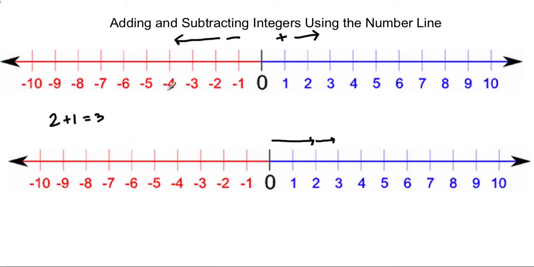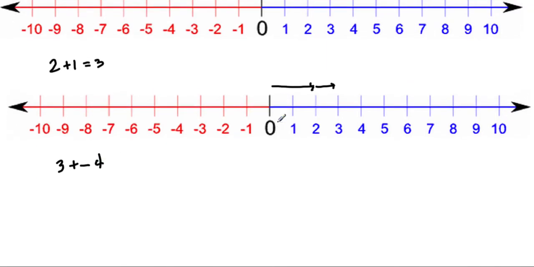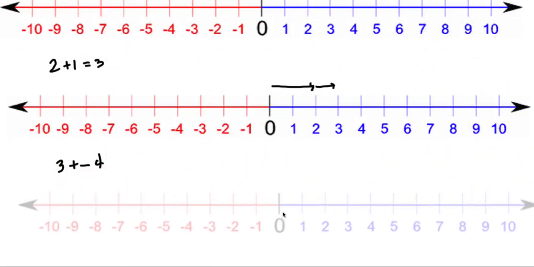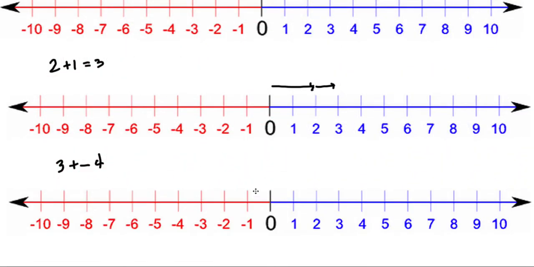Another example that we can do is, let's say you are asked to add 3 plus negative 4. Now you're asked to add a negative integer to positive 3. So let's get our number line. First, from 0, we need to move to 3. So 3 units from 0 would be here. So that is 3.